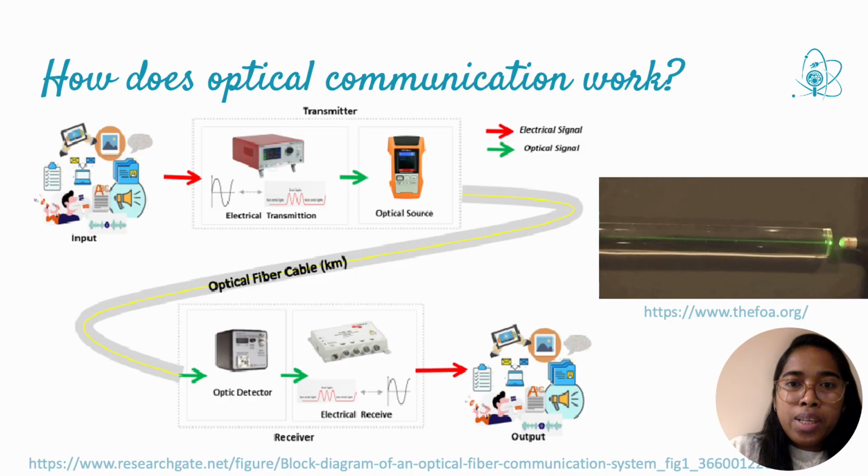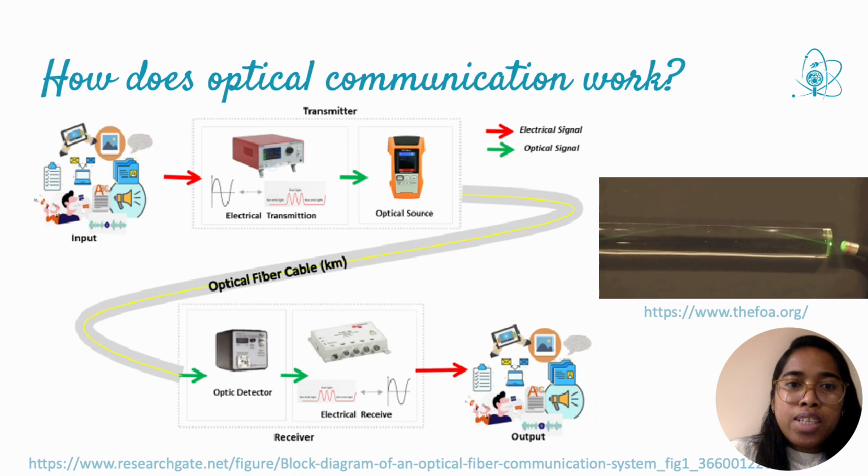The signal will then be transmitted inside the optical fiber by total internal reflection, so it will go through the distance by doing this total internal reflection inside the fiber. And the optical fiber is placed under the ocean or underground.